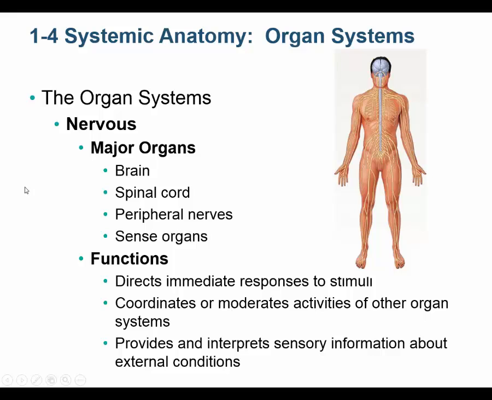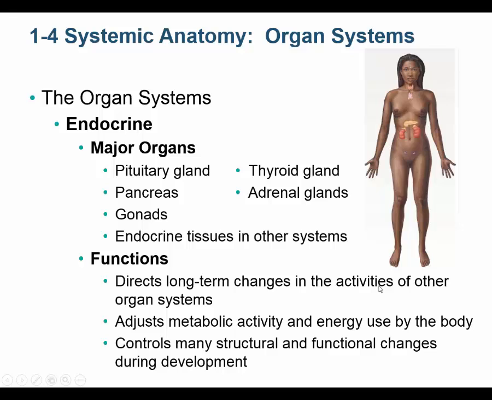So you can see back here it says immediate responses, fast. And here you can say long-term changes, slow. All right, so they're both major communication systems, but the nervous system is fast and short-lived, and the endocrine system is slow and long-lived.